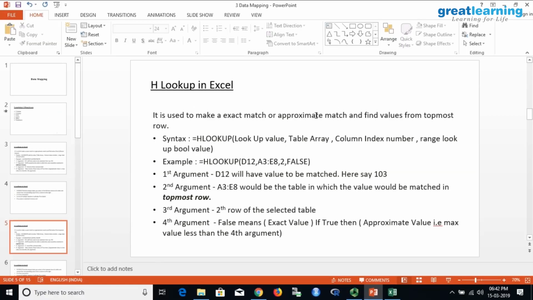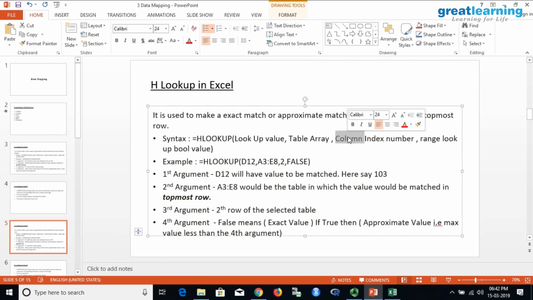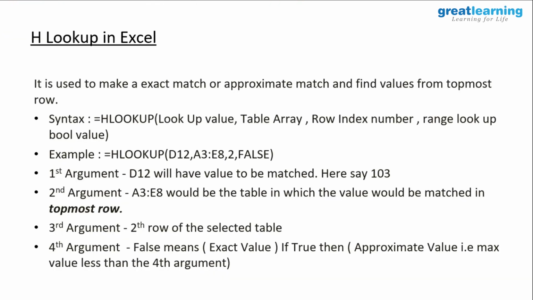In Hlookup it would be the row index number. If you want the third row from the top, you write the third argument as 3. If you want the 10th row value of the same selected column, you write 10 there as the third argument.